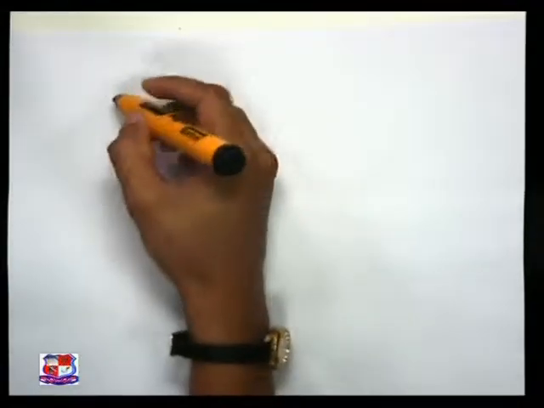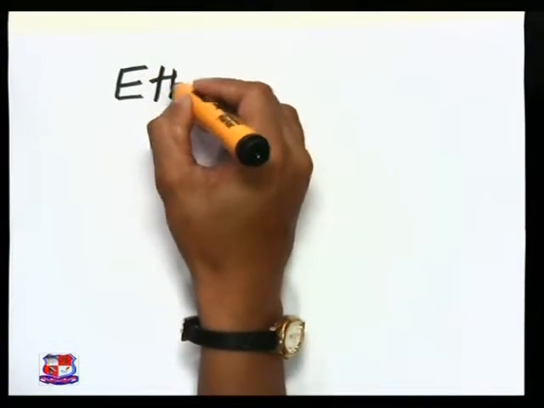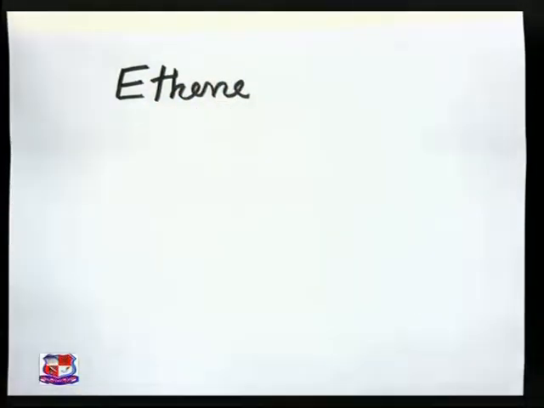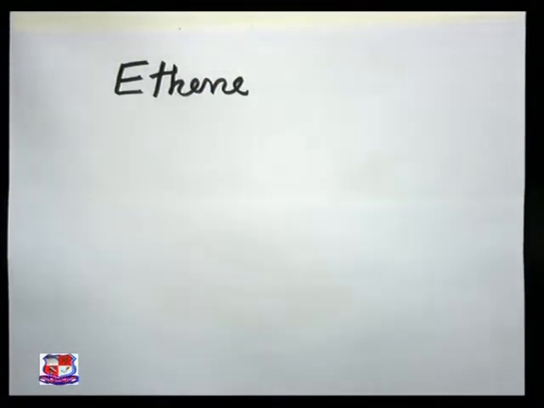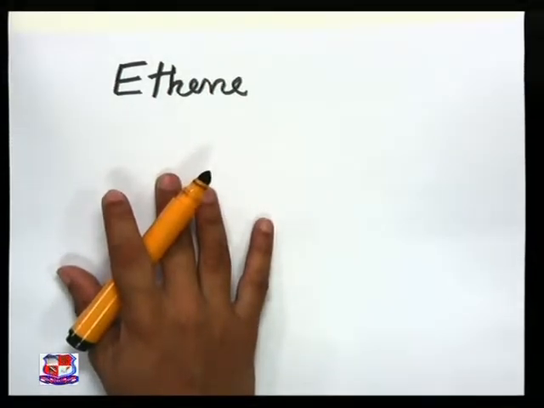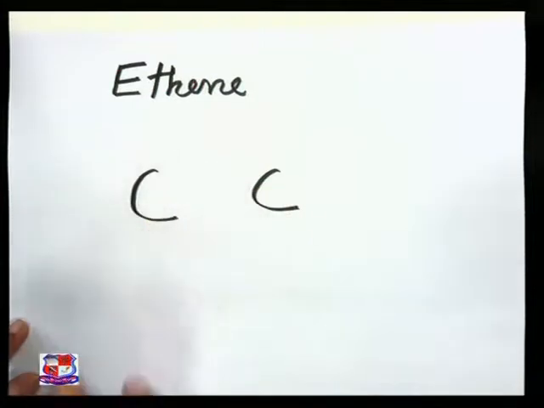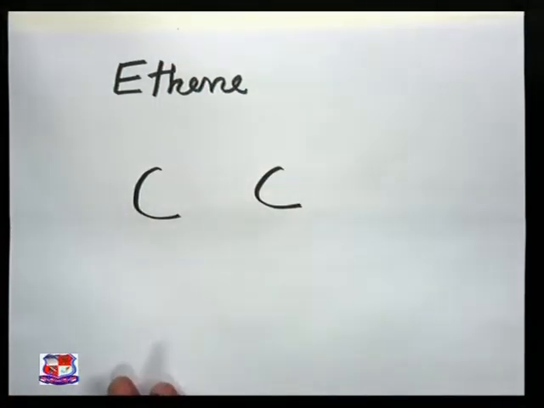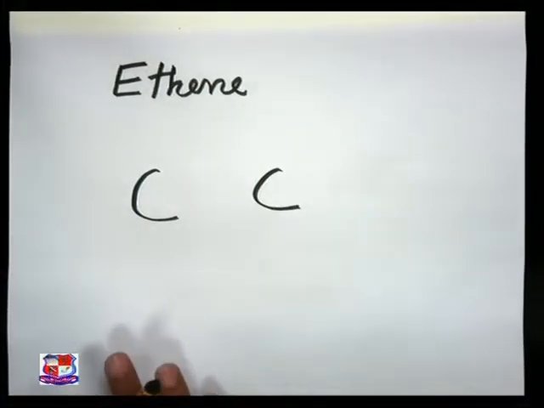Suppose I want to form the compound ethene. How can I draw this compound? The first thing to recollect from the past is that ethene is a derivative of ethane. Ethene has two carbons, so the first conclusion is the two carbon concept in the ethene molecule. The second thing is alkanes, alkenes and alkynes.